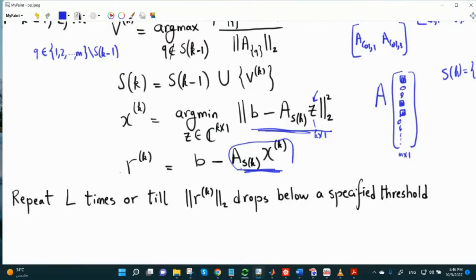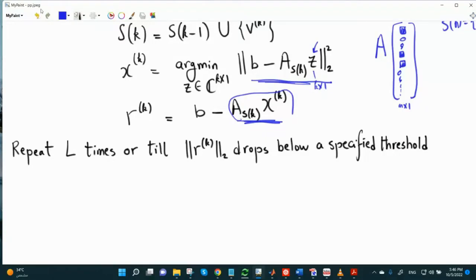So let's start by thinking about this optimization problem. This is a standard optimization problem. Again, it's just least squares. We can just write down the solution, or if we do things in slow motion, we can compute the gradient of this objective function.